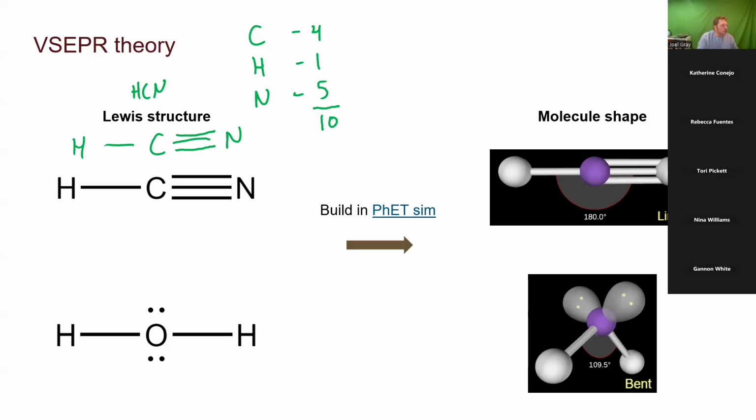So these extra electrons. First question: does carbon have a complete octet? It does. Does nitrogen have a complete octet? It does not. So I'm going to put a lone pair of electrons on nitrogen. Does nitrogen now have a complete octet? It does.